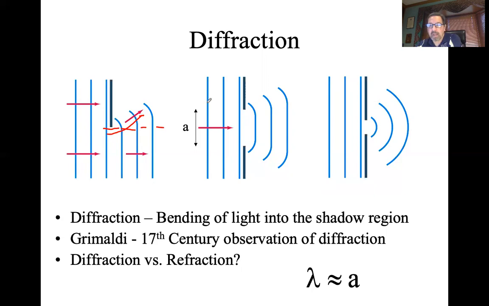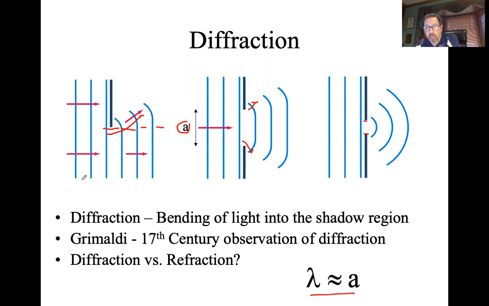Sometimes we get two barriers and we create an opening, maybe some size A right here, and you can see bending around both sides in that case. And when you make the opening size, this value of A, much smaller, these almost become little spherical wavelets. This diffraction, observed by Grimaldi in the 17th century, occurs best when the wavelength and the size of this opening are about the same.